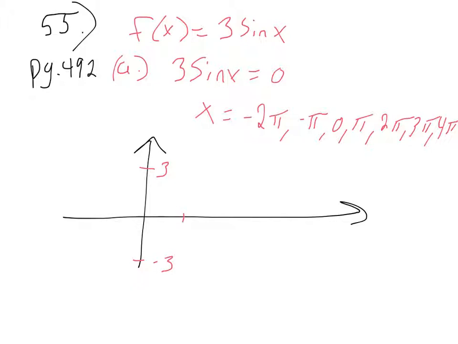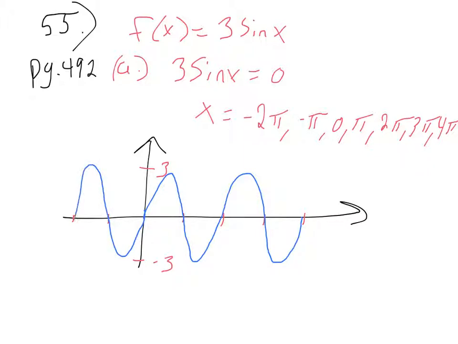So you go pi, 2 pi, 3 pi, 4 pi. So it starts at 0, hits its max, goes down, hits its min, hits its 0, max, down, min, 0. And then does a similar thing on this side. All right, so there's your function graphed.